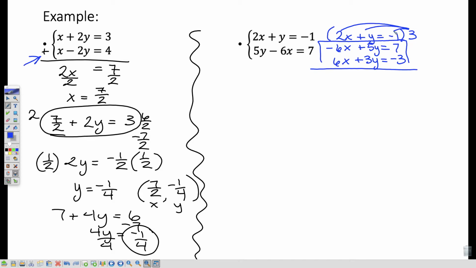So that would zero the x's out, and you could solve for y and then go back. So I get 0, I get 8y equals 4. So y equals what? Half.